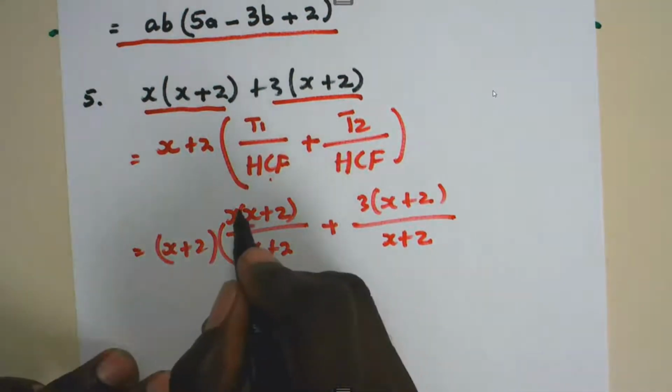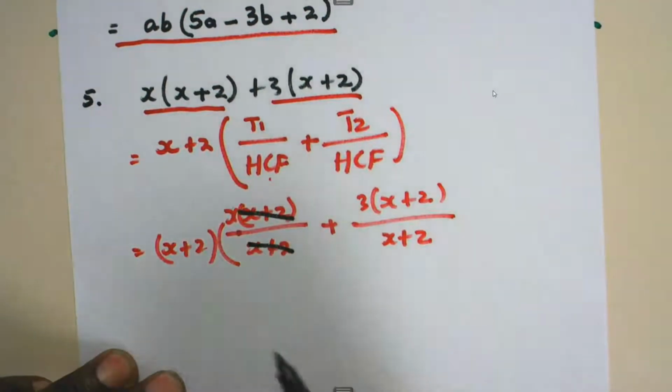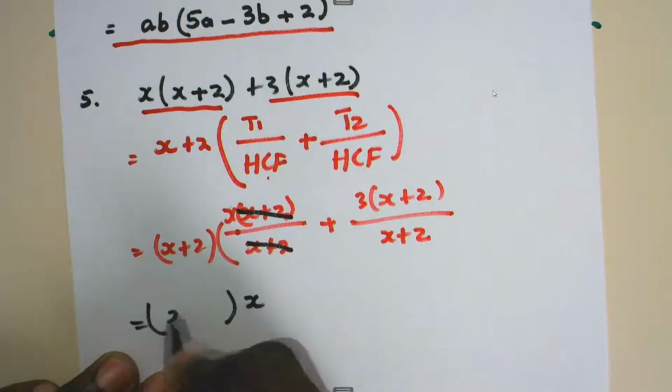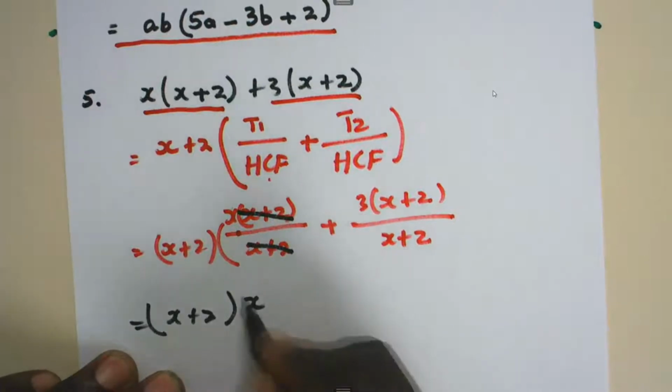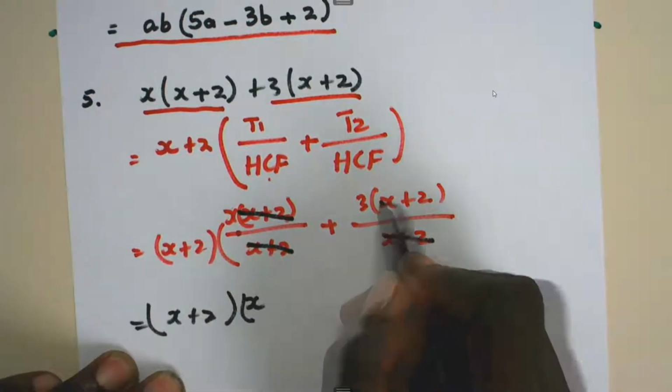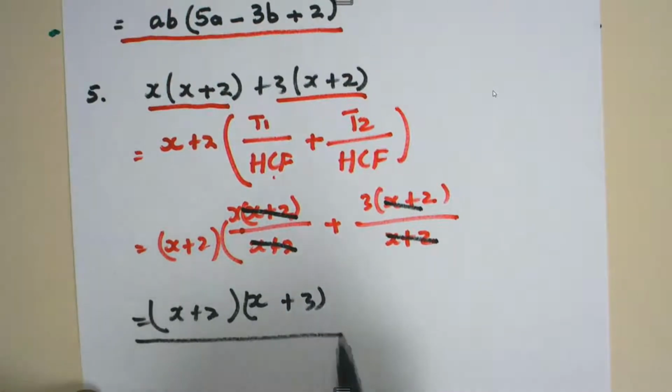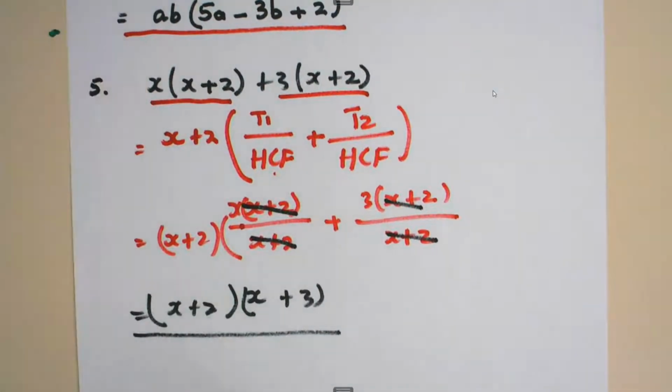This one will cancel this one, and then we will be left with x. And then this one will cancel this, we have plus 3. Then the common factor is x plus 2, and this becomes our answer when we factorize this type of question under common factor factorization with bracket.